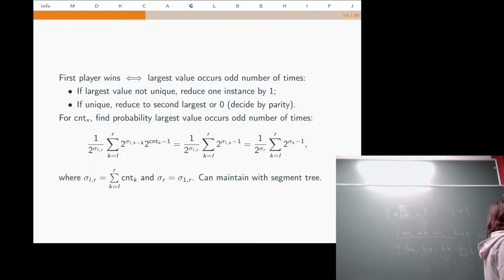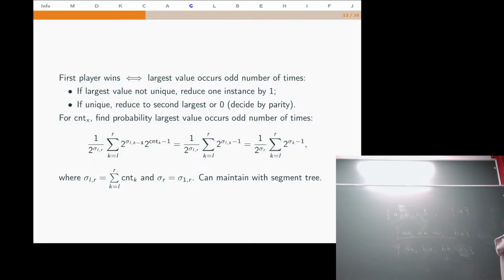So now we can simplify the sum to that expression, which is a sum of 2 raised to the power that corresponds to the sum of counts on the corresponding segment.